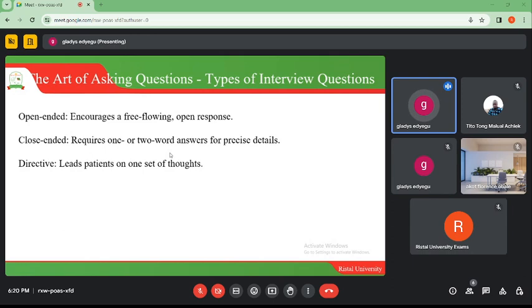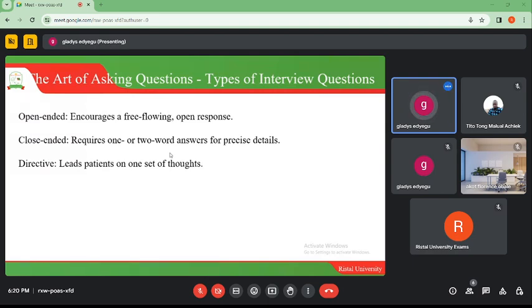Then closed-ended, when you need a specific thing, so it requires one or two words or answers for a precise kind of detailed information. You ask the patient a closed-ended question which directs him to the right answer immediately. Then directive. Directive leads patients on one set of thoughts. So it's only one thought and that is it. It's related to closed-ended, but it's a little bit different.